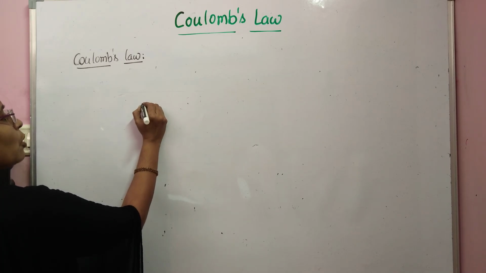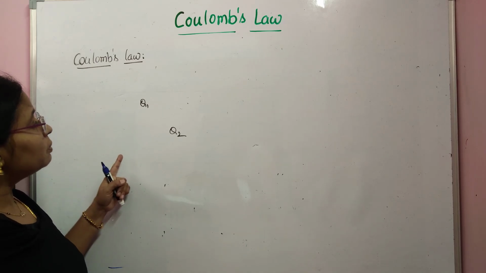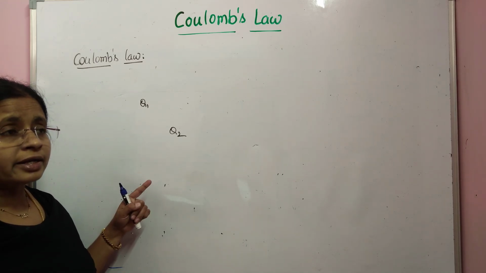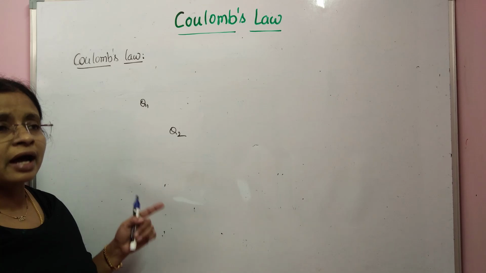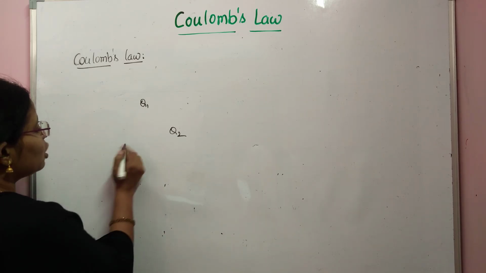Assume that there are 2 point charges Q1 and Q2 like this, located at points whose position vectors are R1 and R2 with respect to the origin. Imagine an origin.